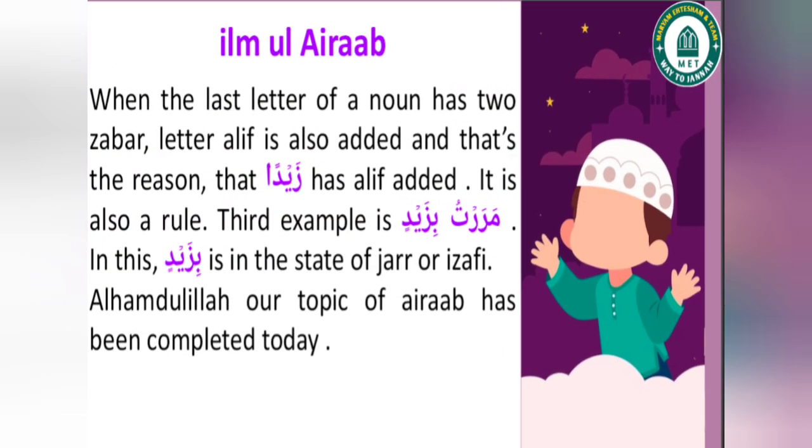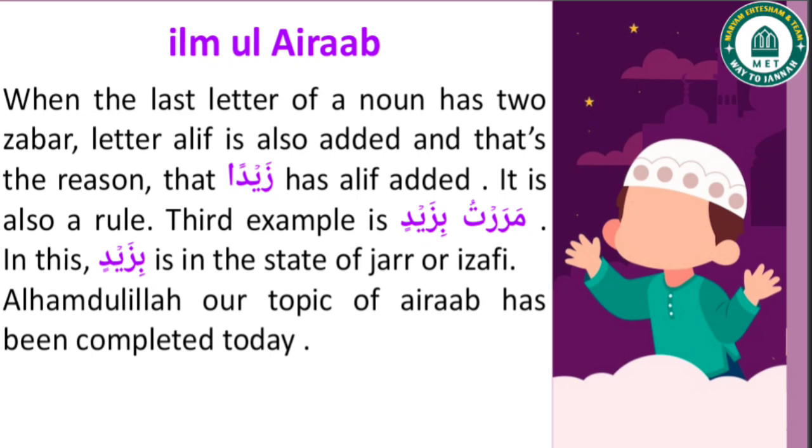When the last letter of a noun has two zabar, letter alif is also added, and that's the reason that Zaydan has alif added. It is also a rule. Third example is marartu bi Zaydin. In this example, bi Zaydin is in the state of jar or izafi.